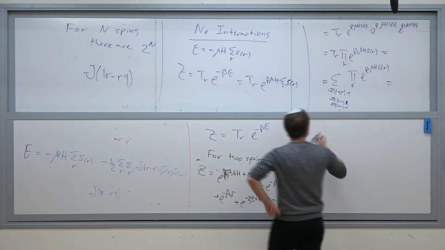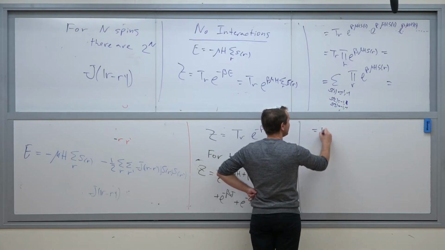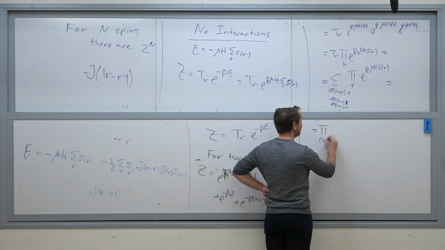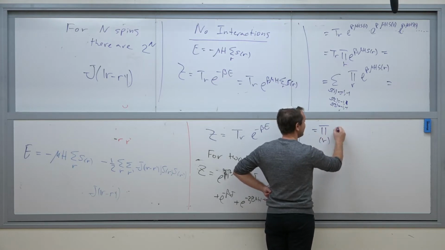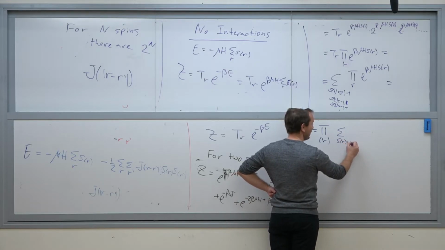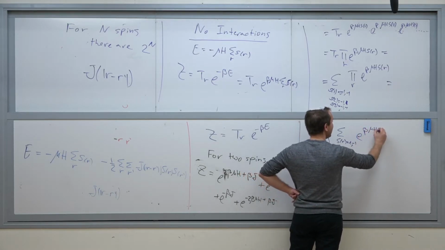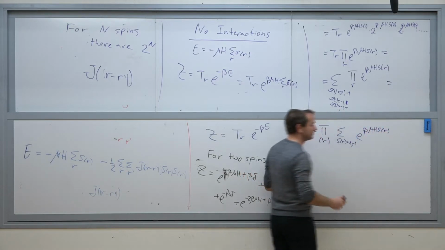So what I'm actually doing is the product over r, and here I will have this summation over s of r equals 1 and minus 1 of e to the power of beta mu h s of r.